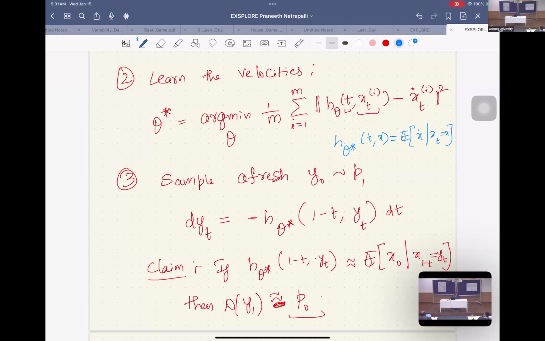Now x dot doesn't depend on t, but this conditioning depends on the starting point and the final point.